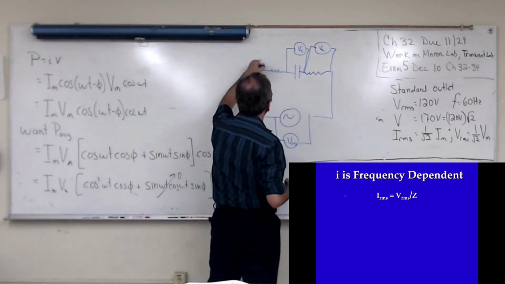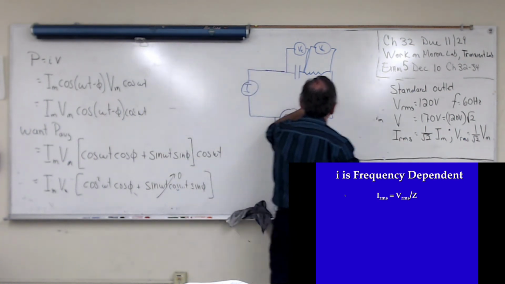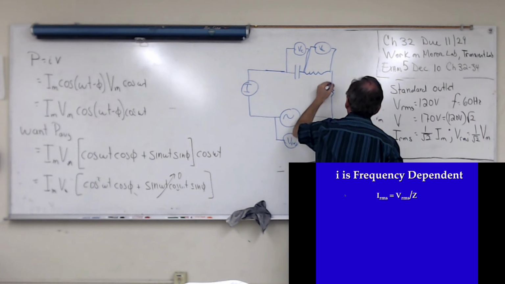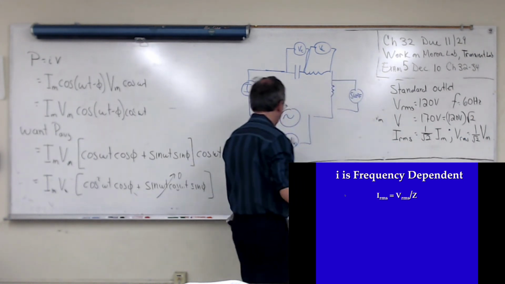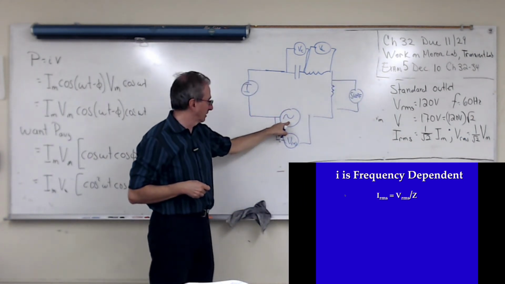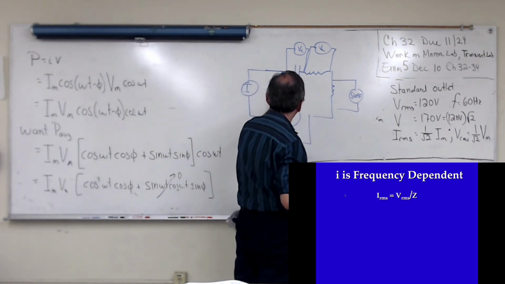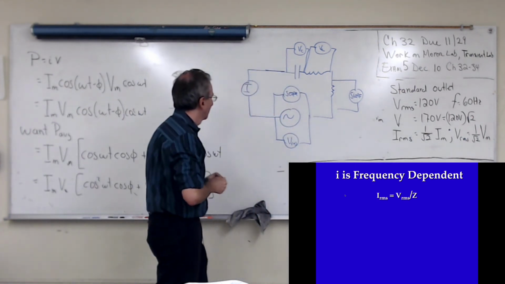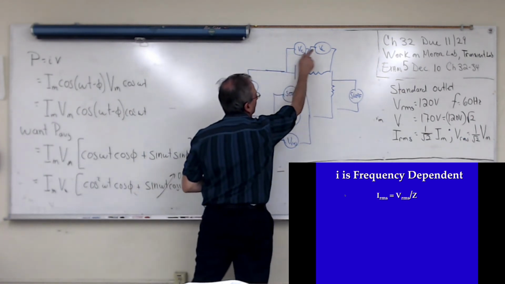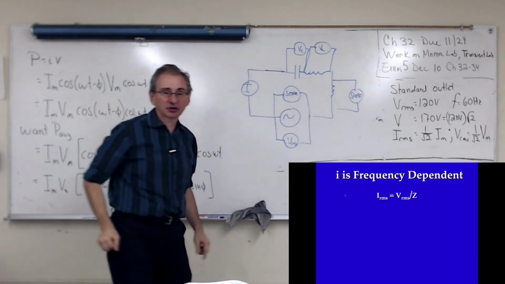You're also going to have this in the scope. Actually, this should be at the end of the circuit. And you'll also have this connected to the scope. So we'll have 1, 2, 3, 4, 5, 6 things being measured simultaneously.